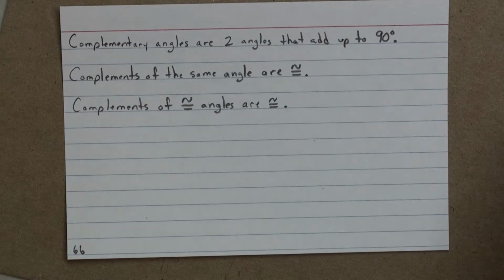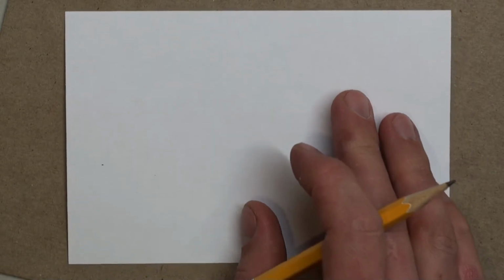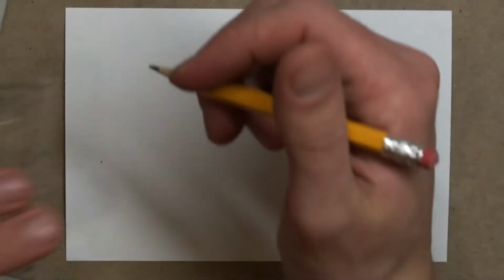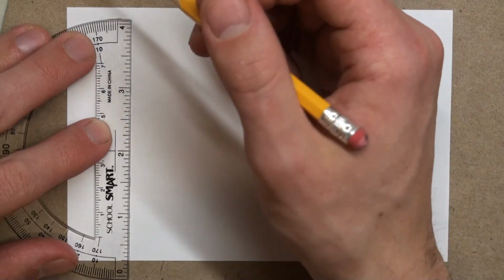Let's draw a picture of this. There's usually two ways that you see this happening.